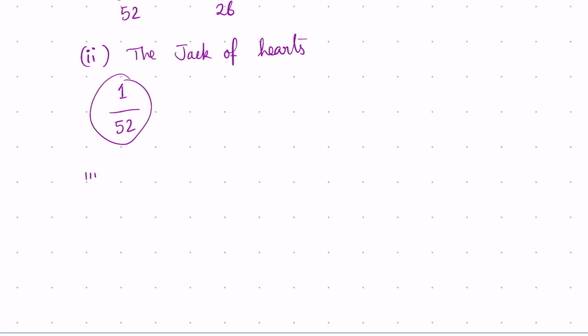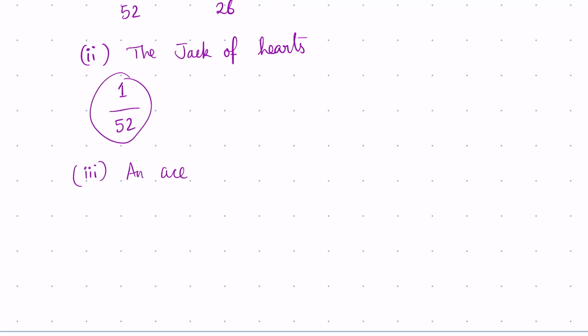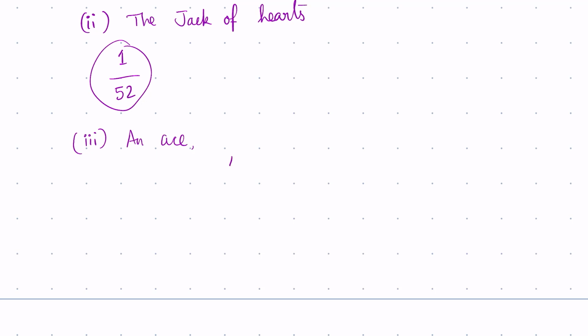The third is an ace. How many aces are there? There are 4 aces in a deck of cards. So 4 out of 52, which is 1 by 13. The fourth one is a face card.